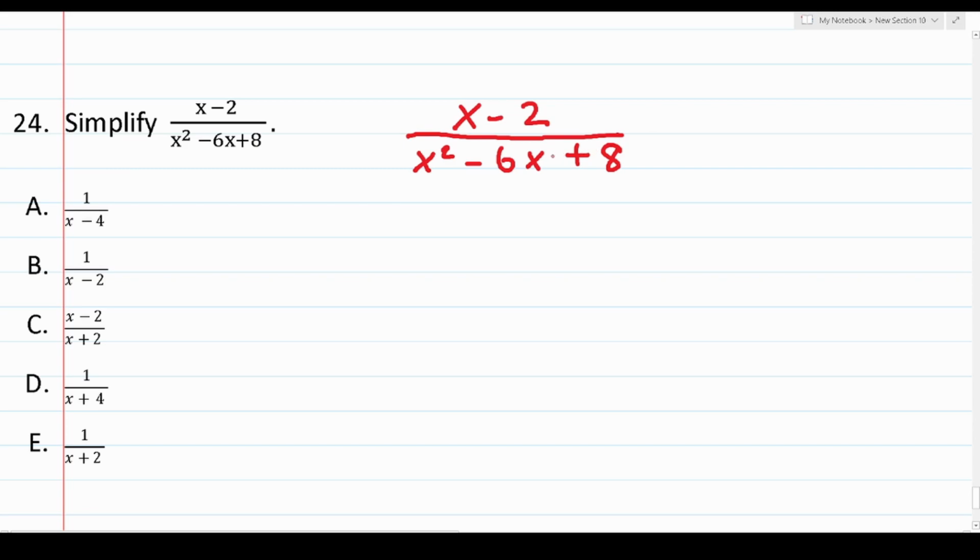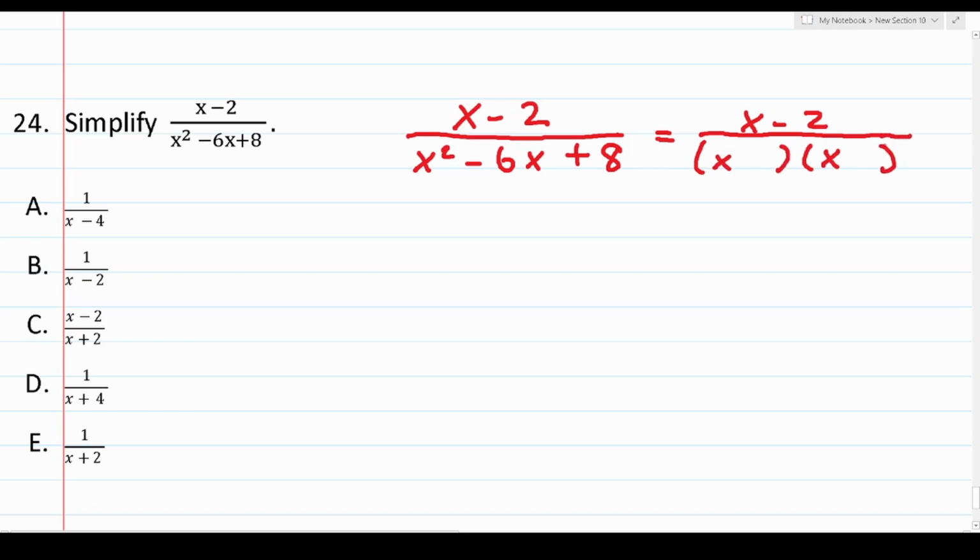In order to simplify this algebraic fraction, it should be obvious that we're just going to factor its denominator and hope that that crosses out with what's in the numerator. So I'm just going to copy the numerator here. And this expression in the denominator, as we can see, is a quadratic that has a leading coefficient of 1. So we know it should be factorable like this.